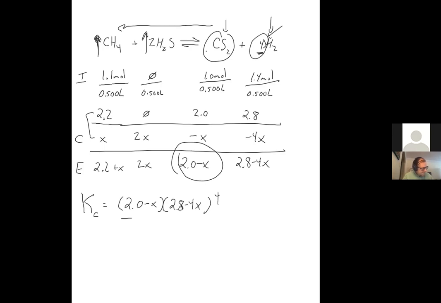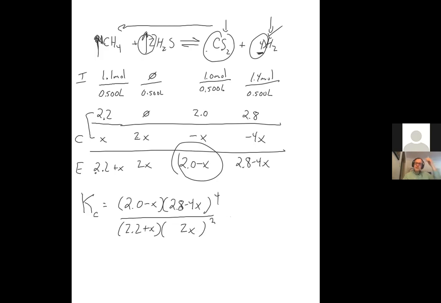Okay. Divide that by CH4 to the 1st power, right? Its coefficient's 1. So 2.2 plus X. Second product has a coefficient of 2, so we're going to square it. And that would be 0 plus 2X, which is just 2X. Okay. And that's going to equal your KC.